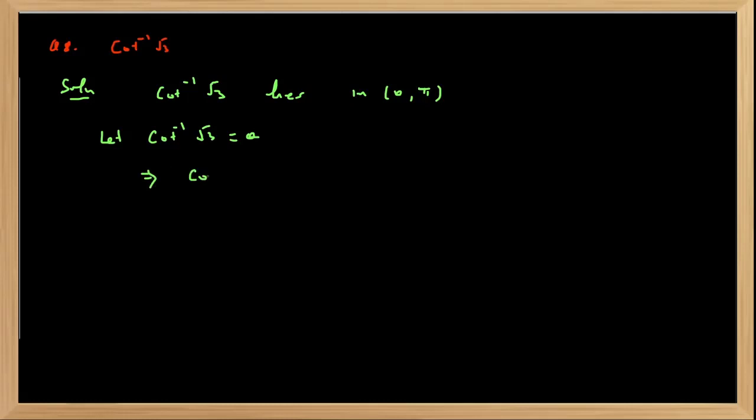This implies cot theta is √3. 0 to pi is the first and second quadrant; these end values are not included, 0 is not included, pi is not.